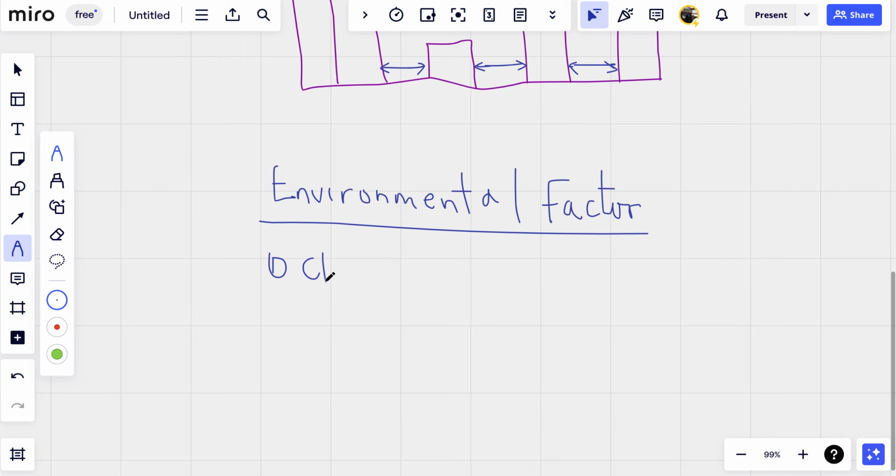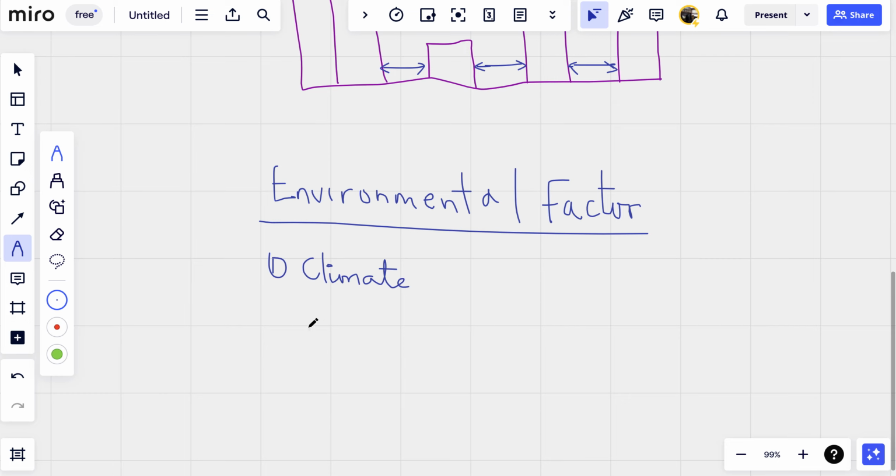Every day we hear about climate change. You hear the polar ice will soon melt and the world may be flooded, and so on. You have the winter region countries, you have the very hot countries. You have different climates in different weather. So climate is an environmental factor that affects our continuous variation.